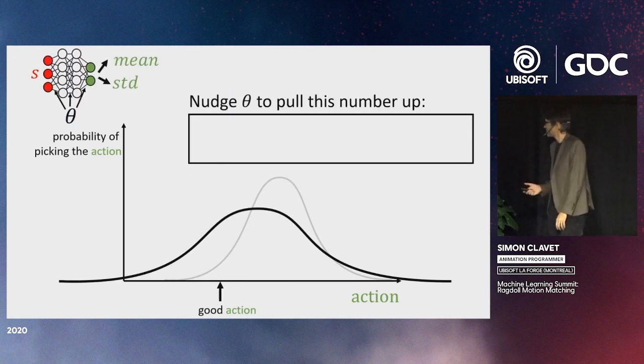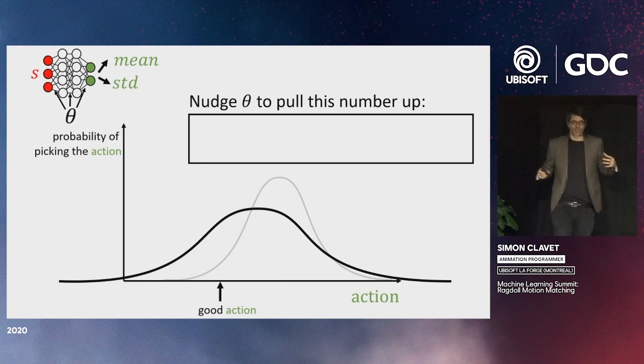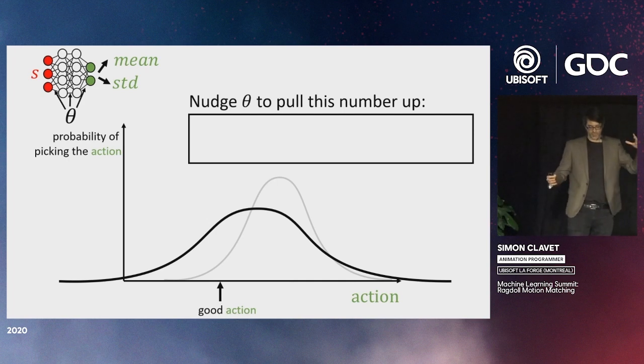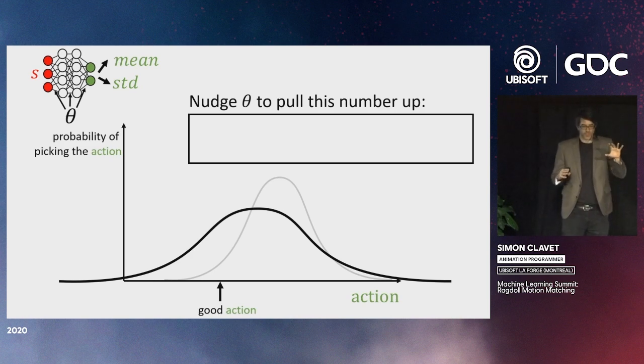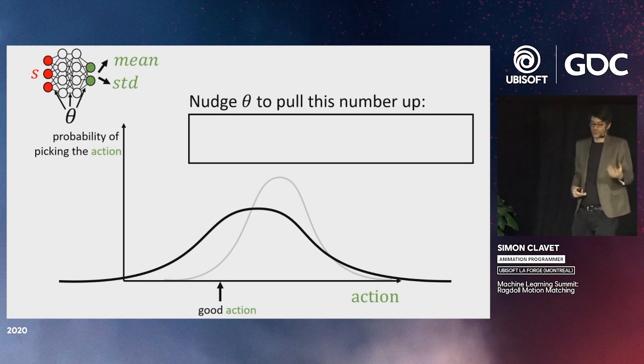So let's get a little bit more precise. What do we actually want to do? With this new policy, we're going to do lots of actions, lots of states, a big batch of actions. And now, for each of them, we're going to nudge our probability so that the good actions will be more probable.